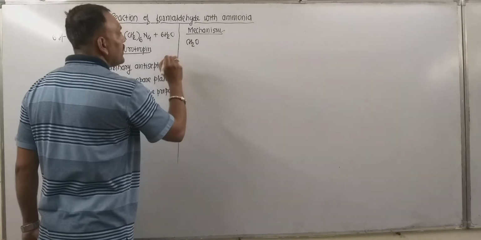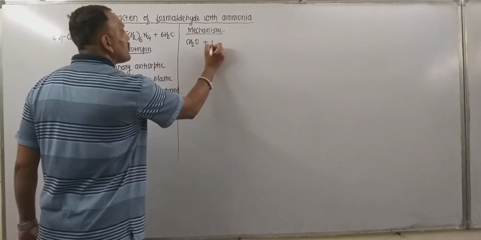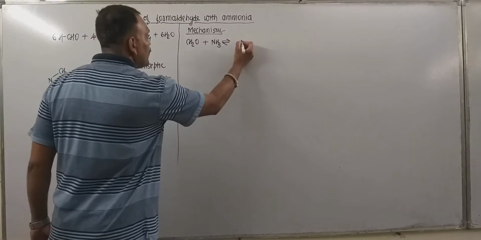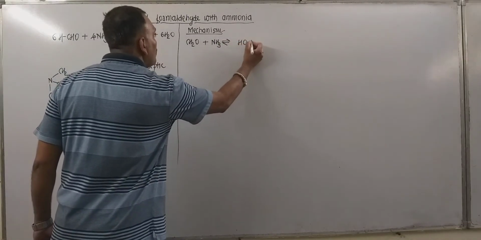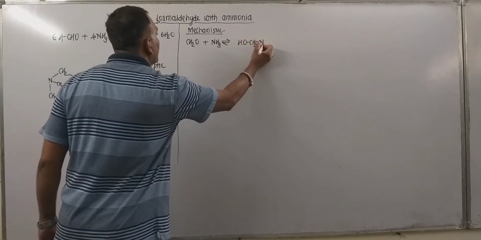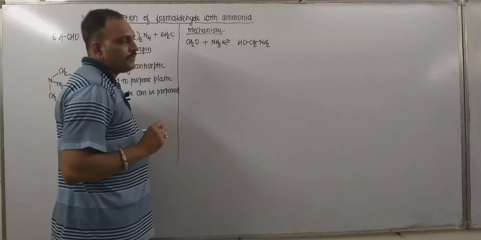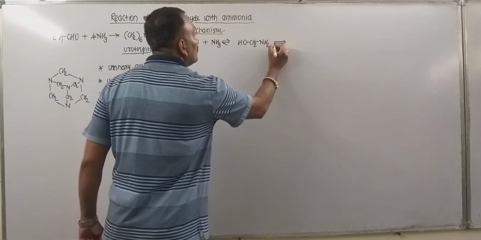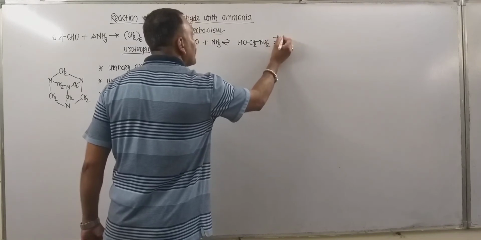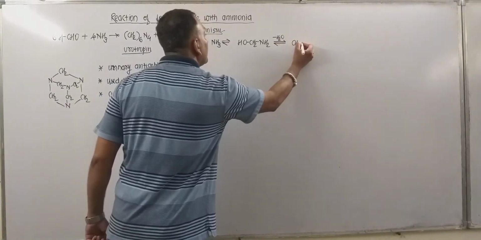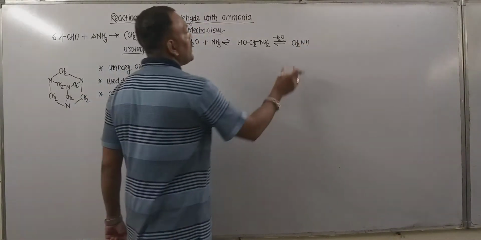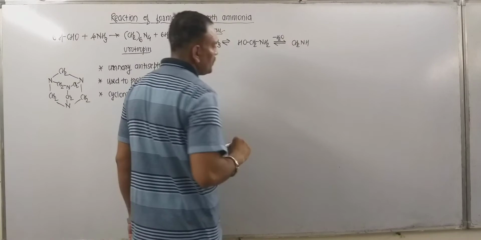Formaldehyde, which can be written as CH2O, reacts with ammonia, producing aminomethanol, which can be given as. Now this aminomethanol loses water, and that leads to the formation of an imine, and that imine can be given as.